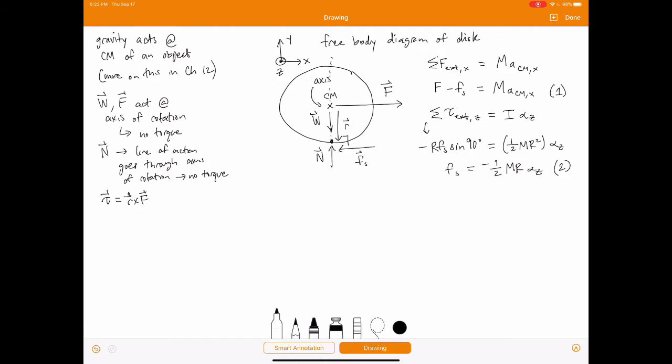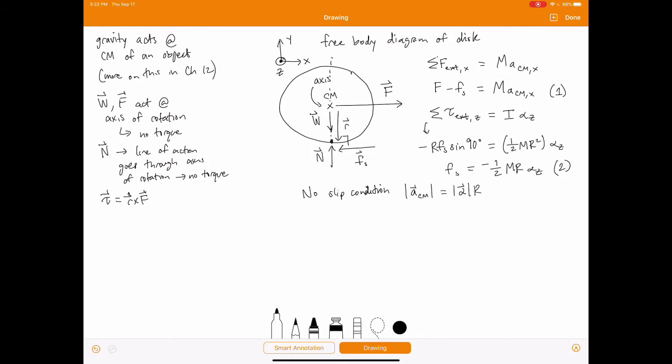There's one more equation that I need to account for. And this is what we call the no-slip condition. If this wheel is really rolling without slipping, then the linear acceleration of the center of mass is going to be equal to the angular acceleration times r.